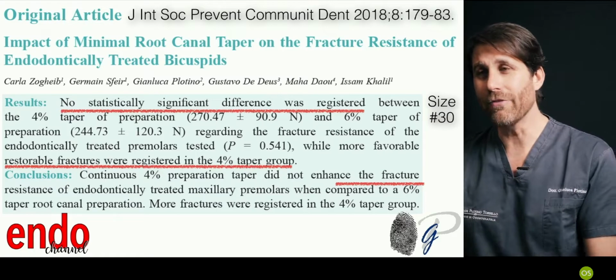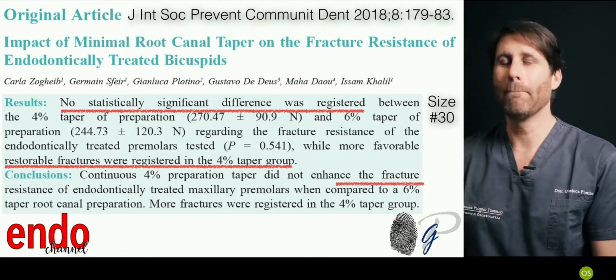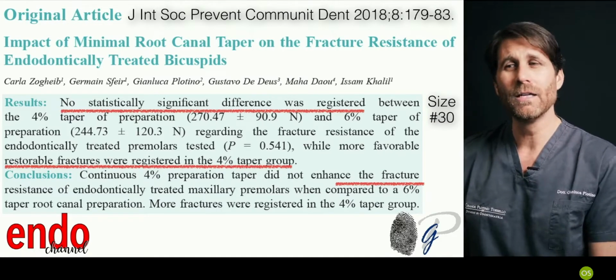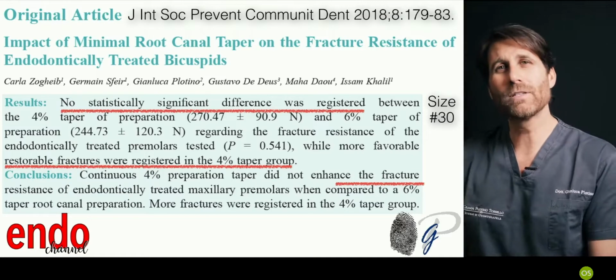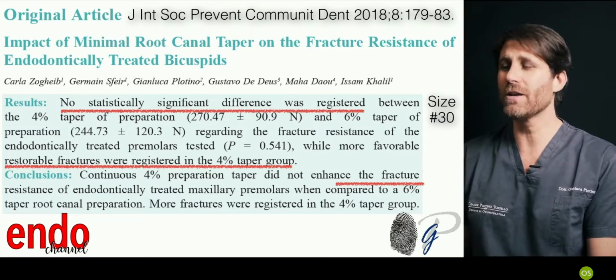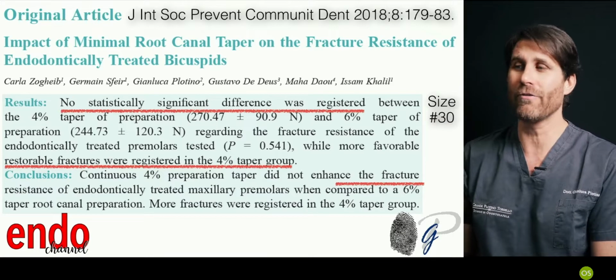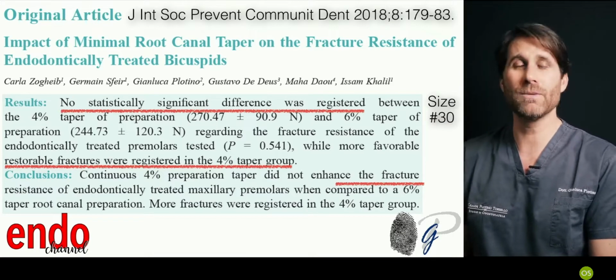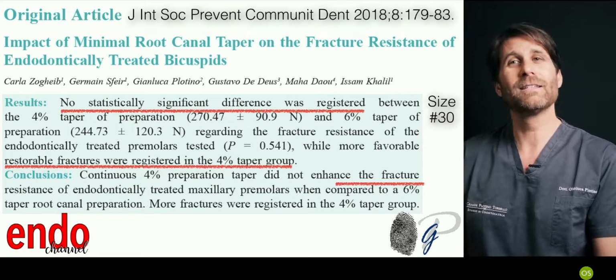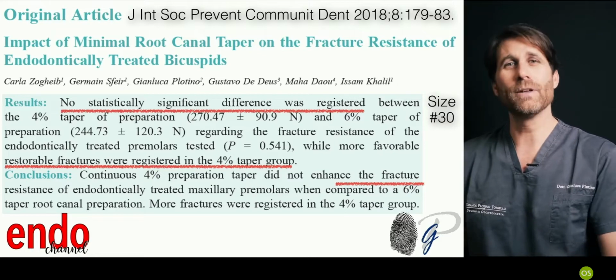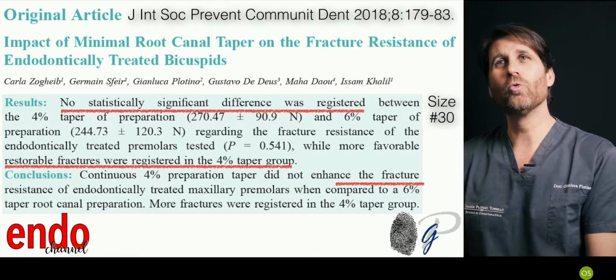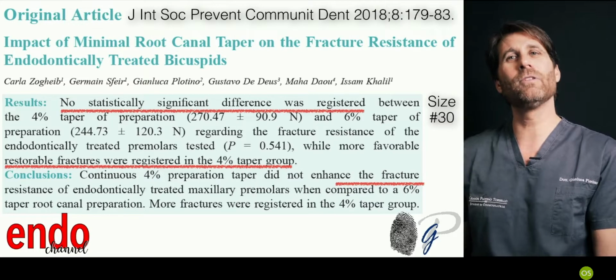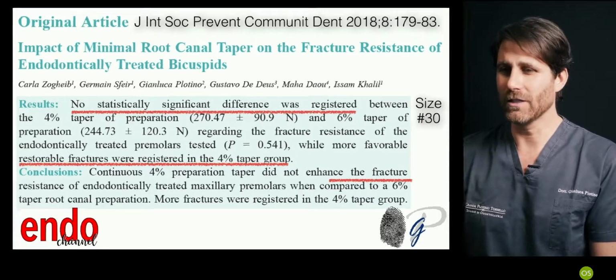So the fracture strength is more similar, but when the fracture appears, we have more restorable fractures if we reduce the taper, so more coronal fractures. This enhances the possibility for us to then save the tooth after fracture, to restore it, so to increase the possibility of treatment after fracture in these cases.